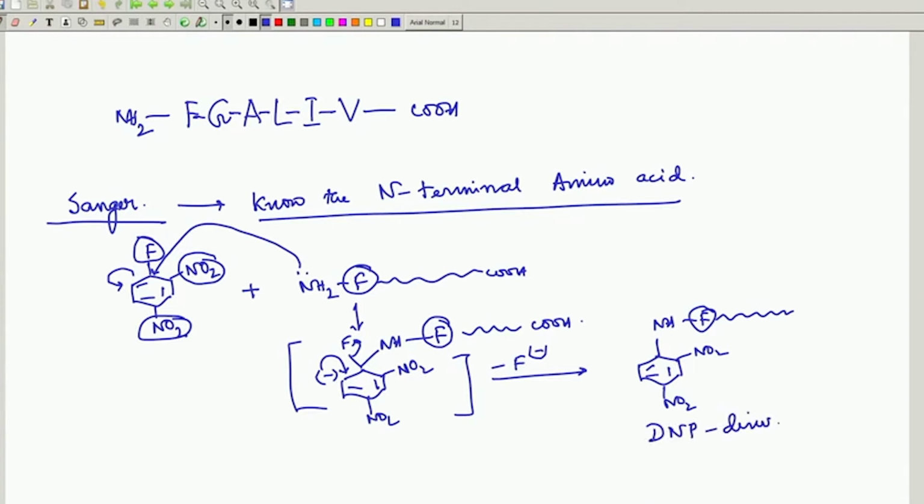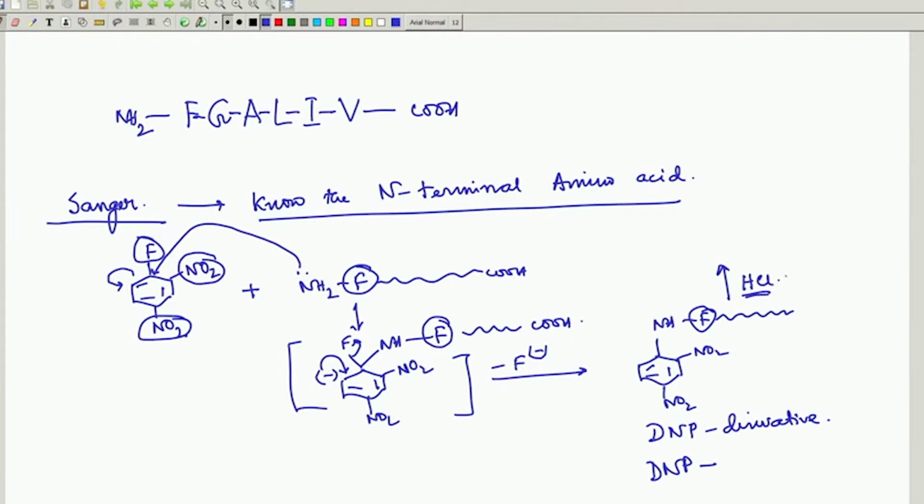Organic chemists know a DNP derivative, that is dinitrophenyl hydrazine derivative, but this is different. This DNP is the dinitrophenyl derivative of an amino acid. So, in this case you have got a phenylalanine linked to this dinitrophenyl moiety. Now, what you do? Now, you hydrolyze it with acid. Amide bonds can be hydrolyzed by base or by acid.